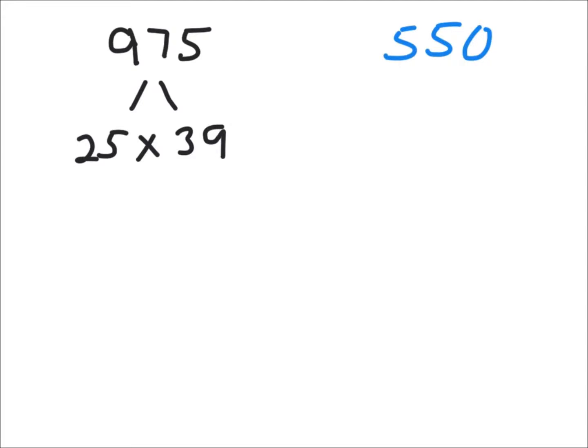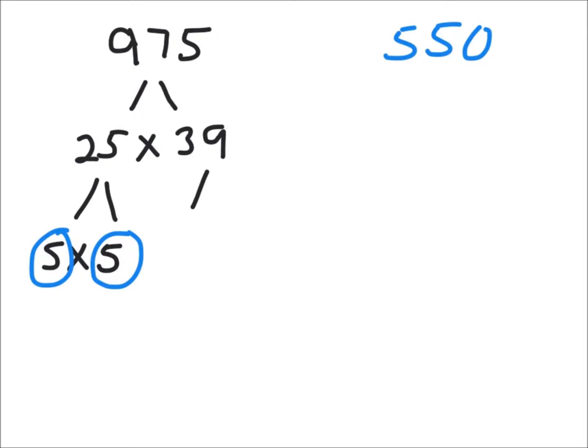Let's look at each of those numbers in turn. 25, is it a prime number? No, it is not. Let's break it down. 5 times 5. 5 is a prime number. Circle it. 5 is a prime number. Circle it. We're done with that arm, that leg.